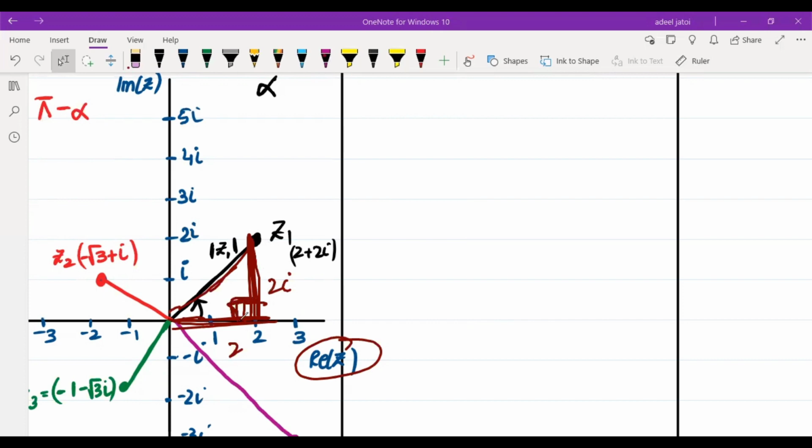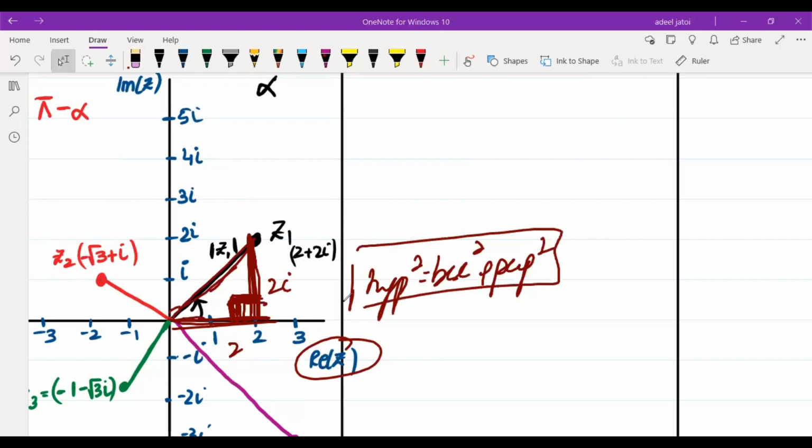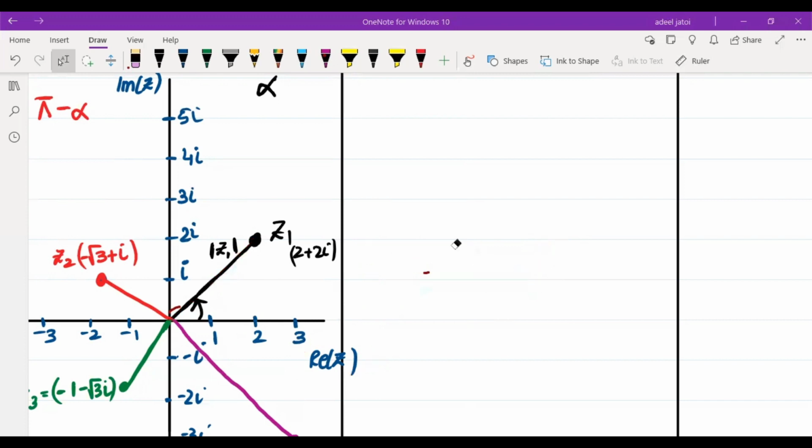And it is creating 90 degrees. Since it is creating 90 degrees, we can automatically say that Pythagoras theorem is used. And Pythagoras theorem is always hypotenuse square is equal to base square plus perpendicular square. So eventually we will be using this in the form of real value of Z whole square plus imaginary value of Z whole square, with the under root. Whereas the other thing the examiner would want you to find is the angle.